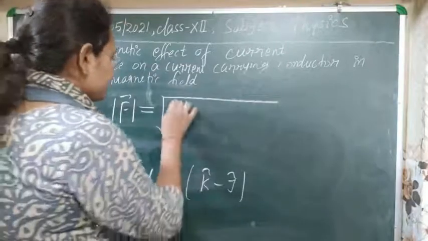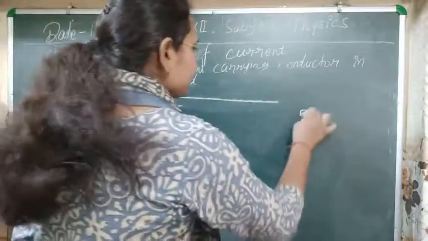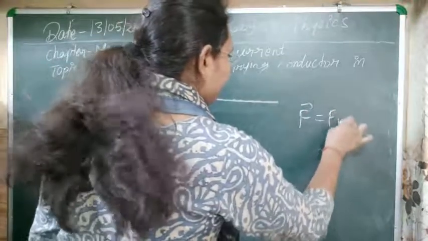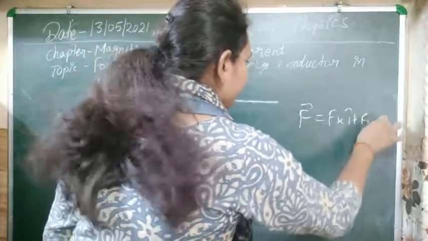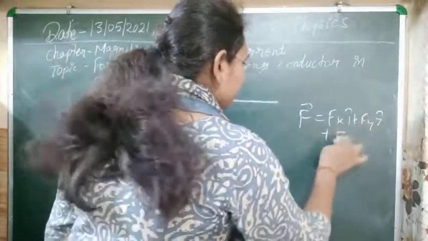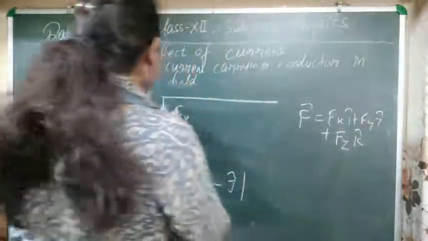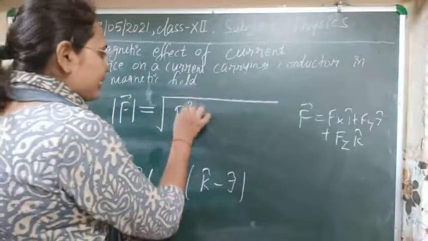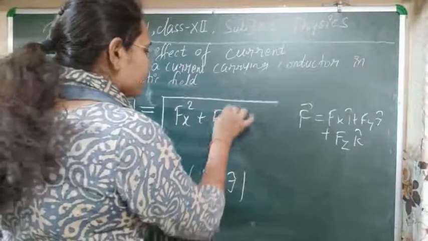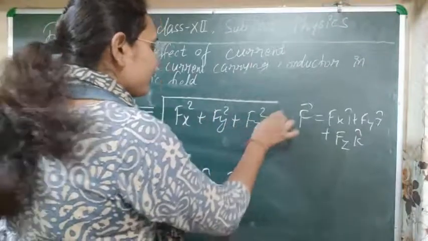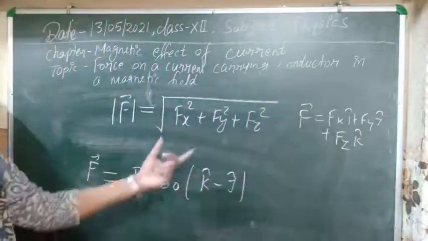Suppose F is written in the form of Fx i plus Fy j plus Fz k, then we can write down its magnitude as the square root of Fx square plus Fy square plus Fz square. So let's utilize this formula here.